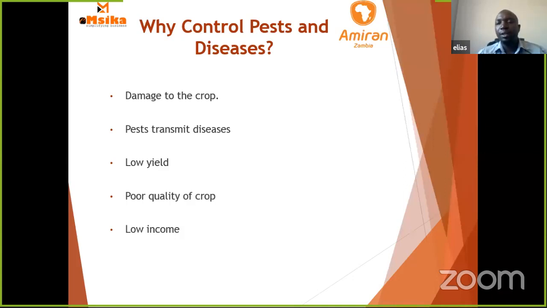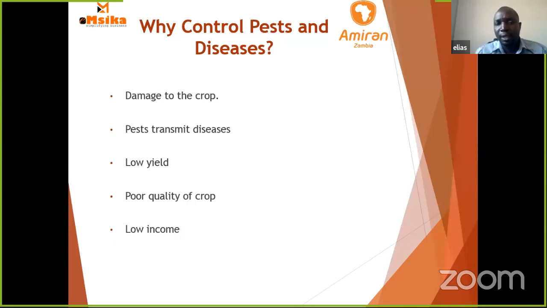And this invasion of pests in your crop will eventually bring about low yields in your crop. For instance, when we talk of insects, when the insects invade your crop, of course, there are different kinds of insects. Others will chew the leaves, meaning that they will reduce the surface area of the leaves. So there will be little food being manufactured by the crop.